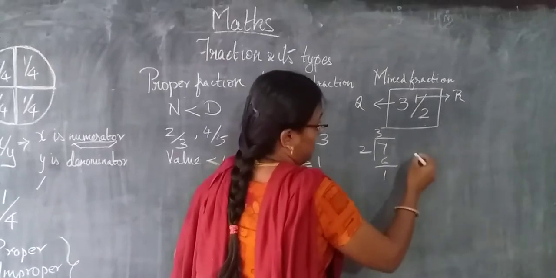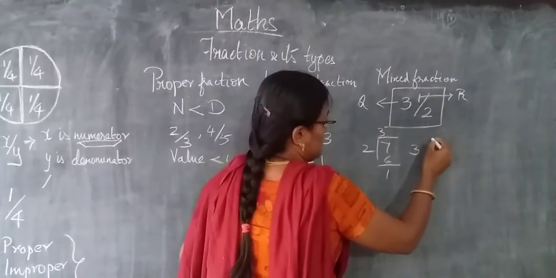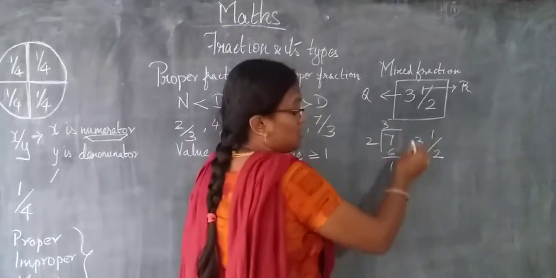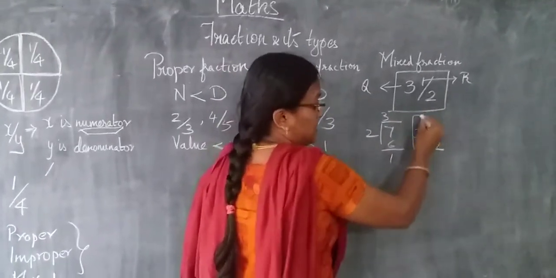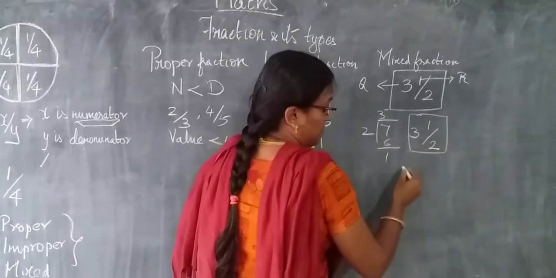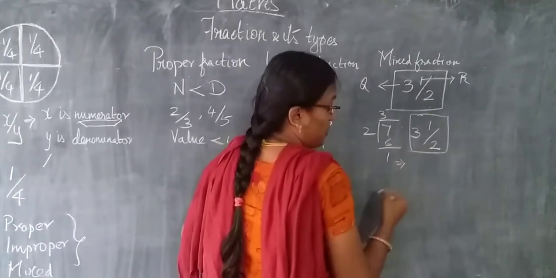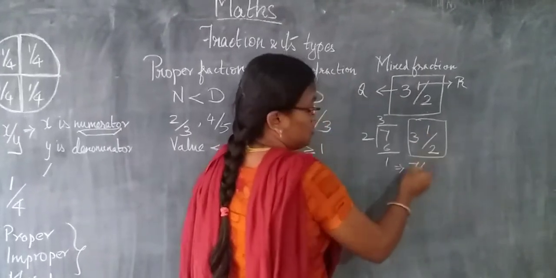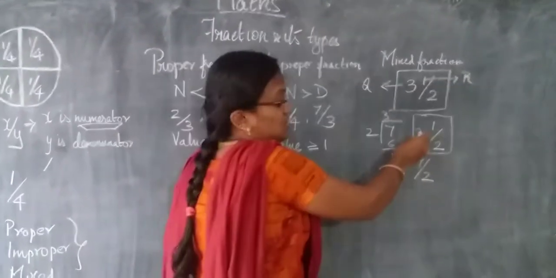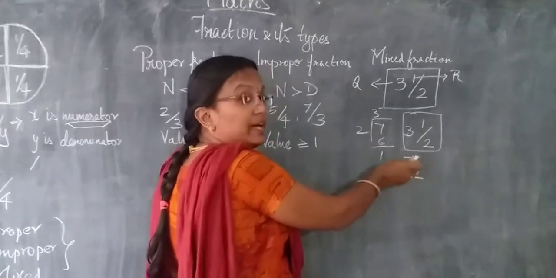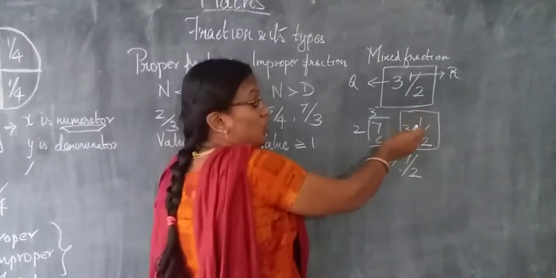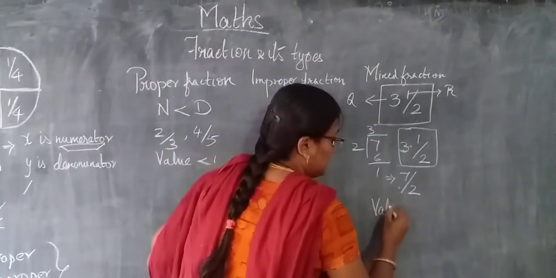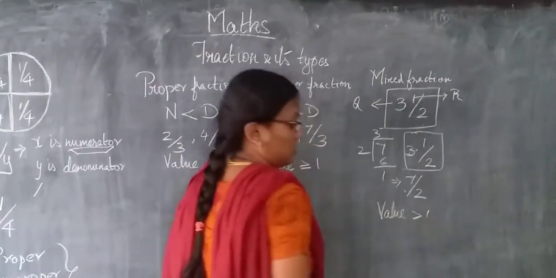So we write the quotient here, the remainder here, and the divisor here. This is how we write the mixed fraction. It can be converted into an improper fraction, and an improper fraction can be converted into a mixed fraction. These two have the same value, which will always be greater than 1.